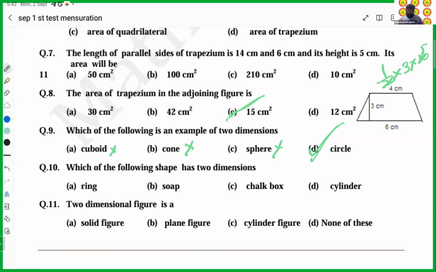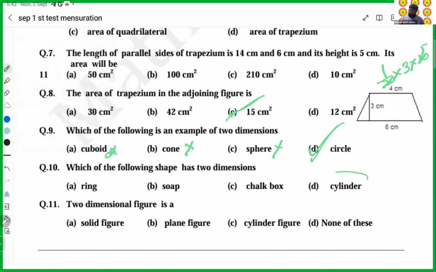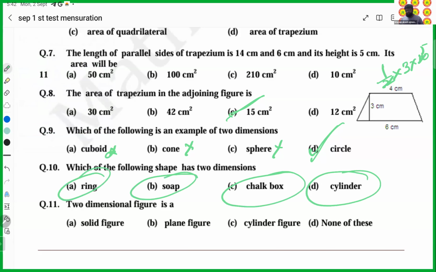Next, which of the following shapes has 2 dimensions? Cylinder, chalk box, soap, or ring. Ring, sir. A chalk box is nothing but a cube, and a cylinder is not a 2D shape.